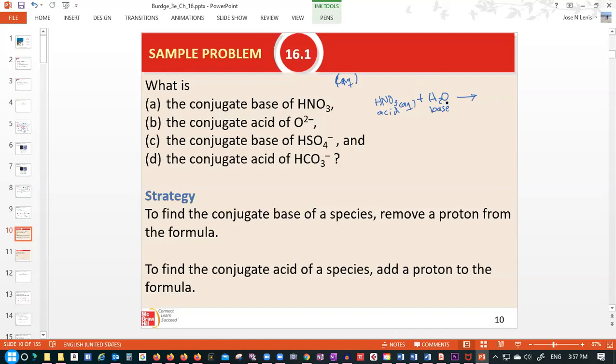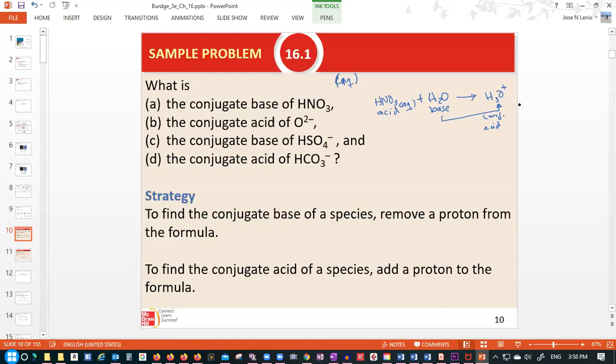As a result, we know that this base, once it accepts the proton, forms H3O plus, the hydrogen ion, forming here the acid-base conjugate pair. So this is the base, and this is the conjugate acid. And this is the acid.